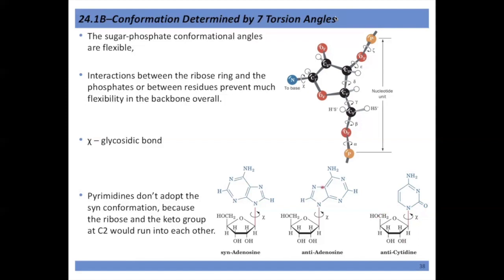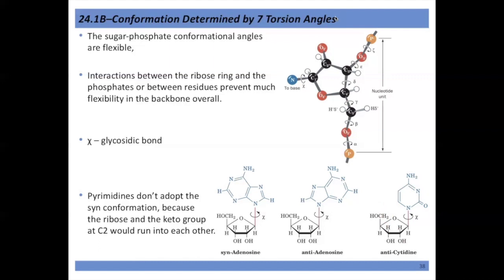Now, since I've got a 5-membered ring right here, notice that it actually kind of tilts the big bulky portion up. So you can get syn-adenosine right there. But in this 5-membered ring, if I tried to put that C double bond O over here, I would get some steric clashing right there. And so we do have different ways that we can rotate around the bond.